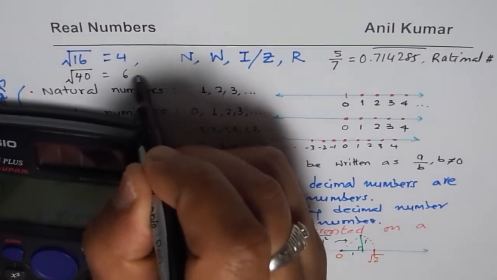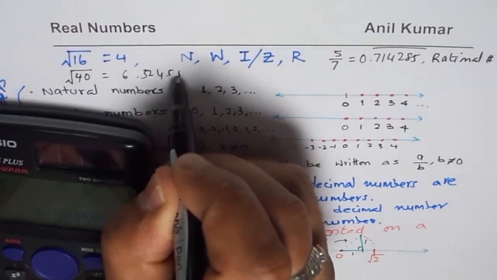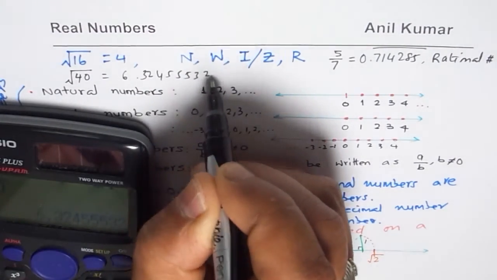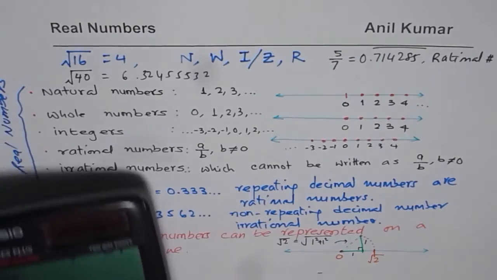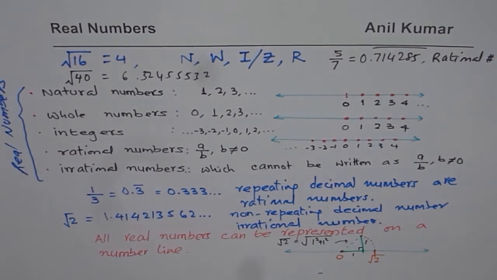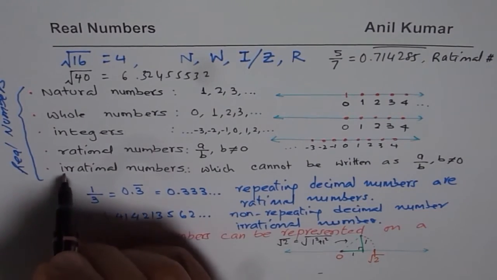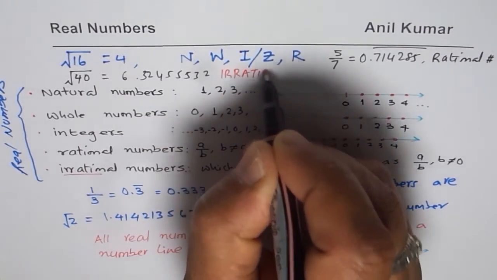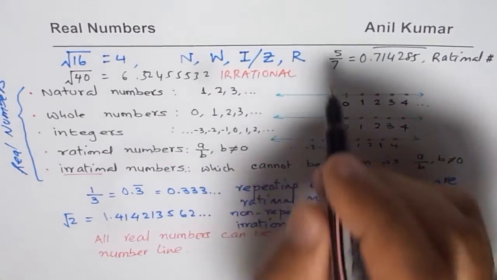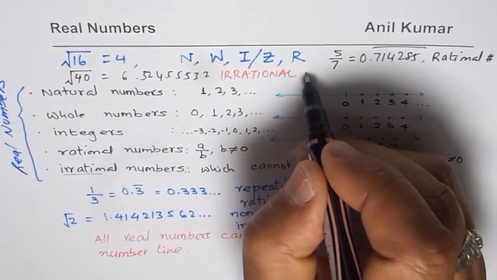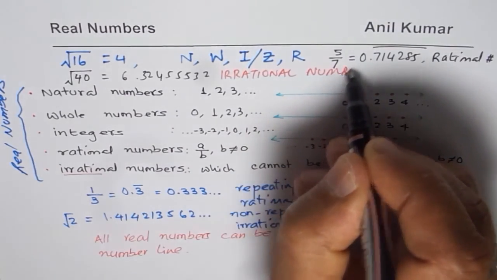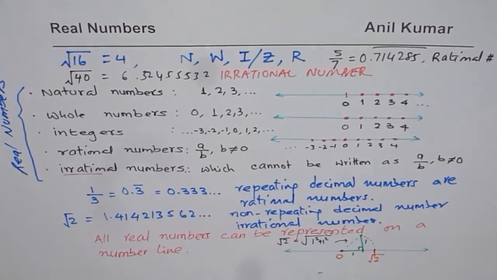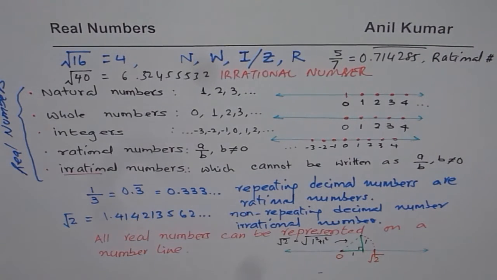We get 6.324555532, kind of like that, where there is no repeating pattern. Since there is no repeating pattern, we'll call this an irrational number, right? However, this is a real number also, an irrational real number, okay? But remember, all these are real numbers and they all can be represented on a number line.